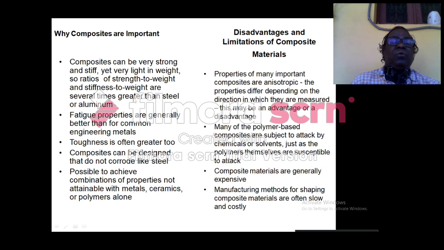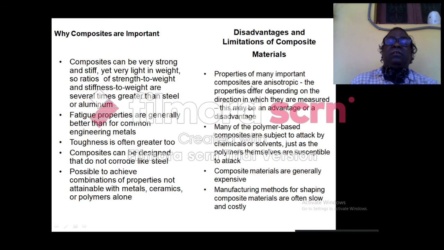Strength is more than steel or aluminum, fatigue properties are generally better, and toughness is often greater. Composites are designed not to corrode like steel, and they combine the properties of metal, ceramics, or polymer. It is a combination of the properties of both the matrix as well as the fibers.